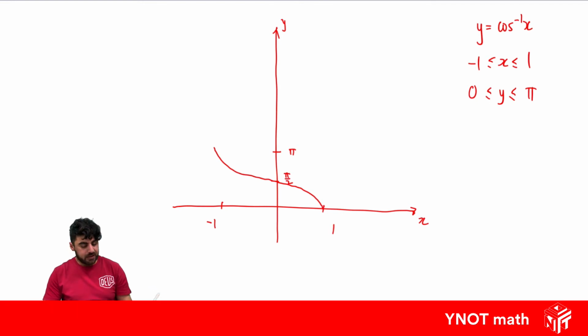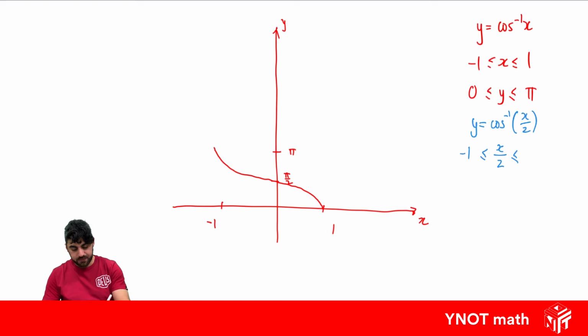But what happens again when we change values in here that will affect the domain, or multiply this whole function, which will affect the range? Let's have a look at another example: y equals the inverse cos of x on 2. Again, this is affecting the domain, so all we do is sub that value in for x inside our domain, and then get x by itself.